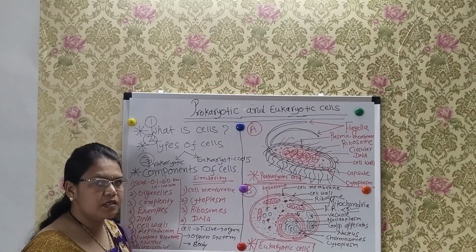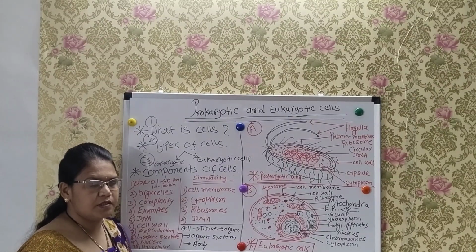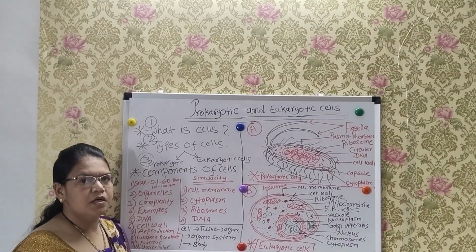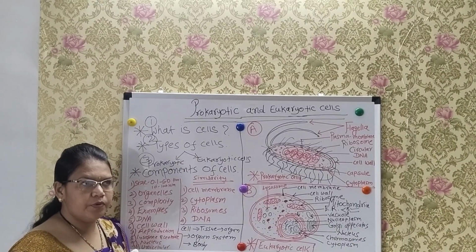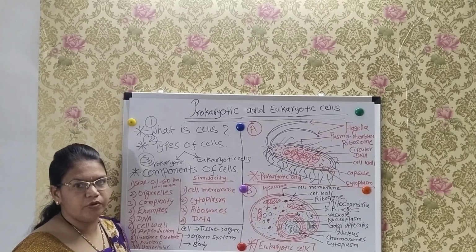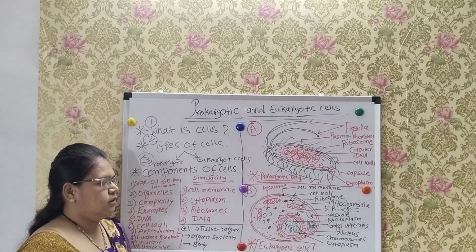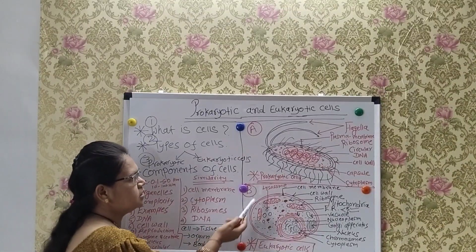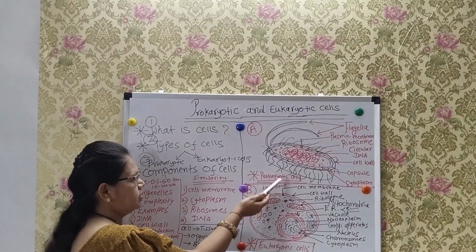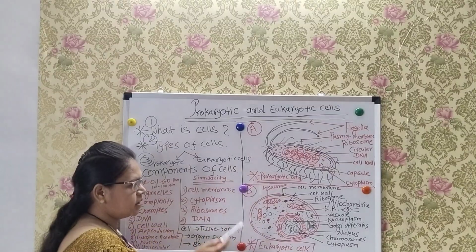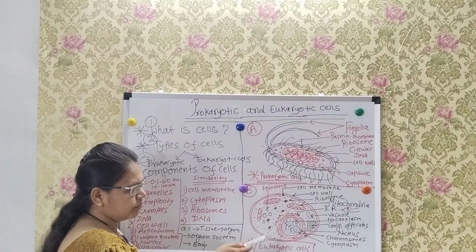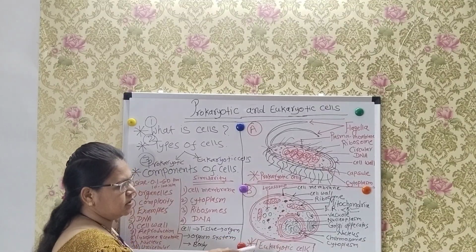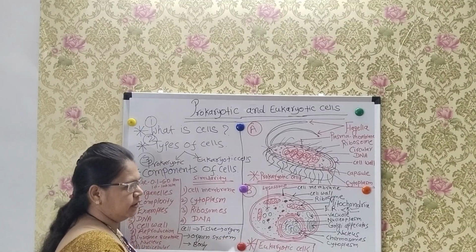In prokaryotic cells, asexual reproduction is found, but in eukaryotic cells, both asexual and sexual reproduction are found. Organelles, lysosomes and centrioles are totally absent in prokaryotic cells, but in eukaryotic cells, lysosomes and centrioles are present in both plant and animal cells.